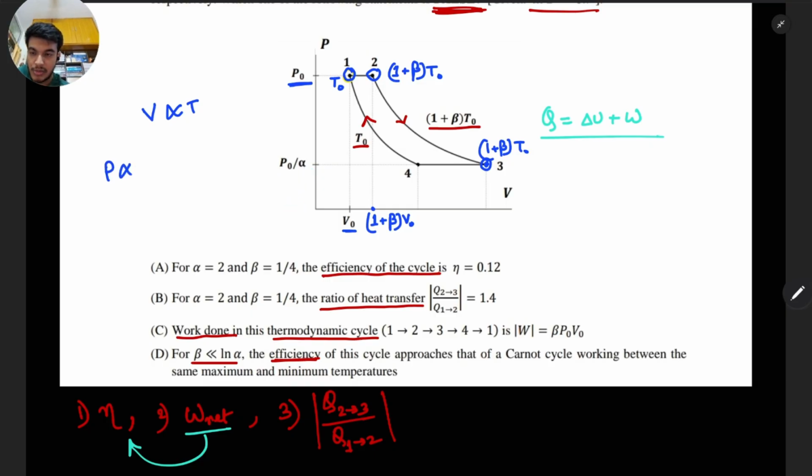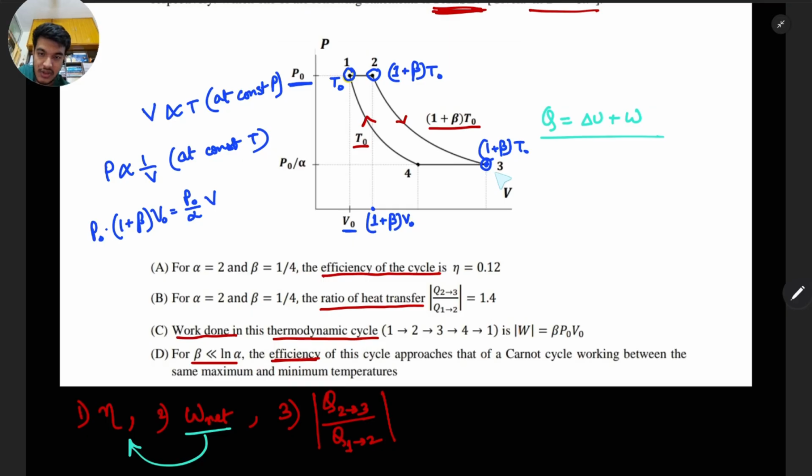We know P is proportional to 1 by V at constant T. So P0 into (1 plus beta) V0 equals P0 by alpha times V. So this is alpha times (1 plus beta) V0. Then going from here to here at constant pressure, the temperature again is T0, so we reduce by a factor of (1 plus beta), and the volume here would be alpha V0.